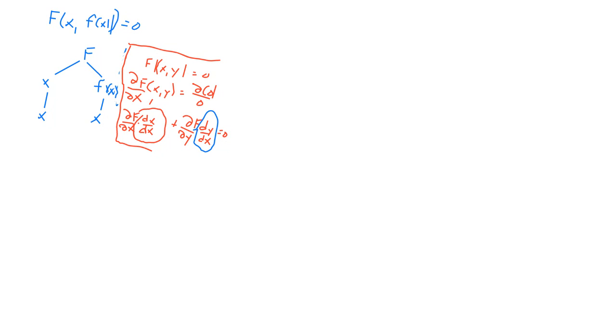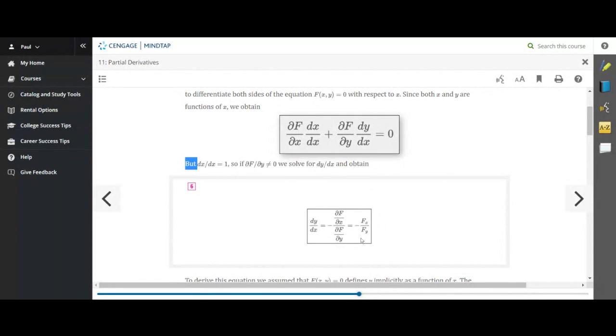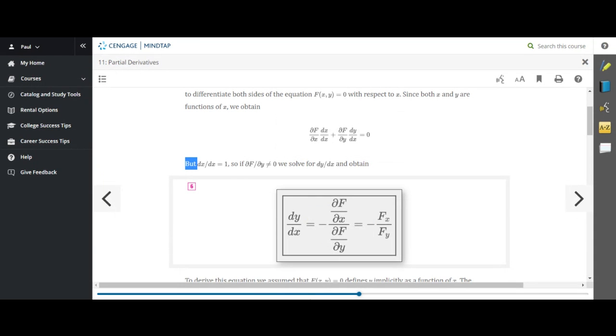Let me go back to the book and show you that. This is what I just showed you, and if you solve it for dy/dx, then you get this formula here.